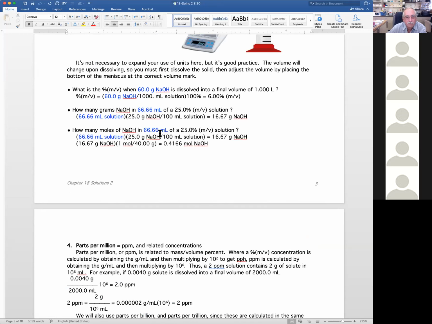And this is milliliters of the solution. So I do this and I get grams of the sodium hydroxide. But they wanted moles. So what's the other conversion factor I know? I know how to get from grams to moles. Simply the molar mass.